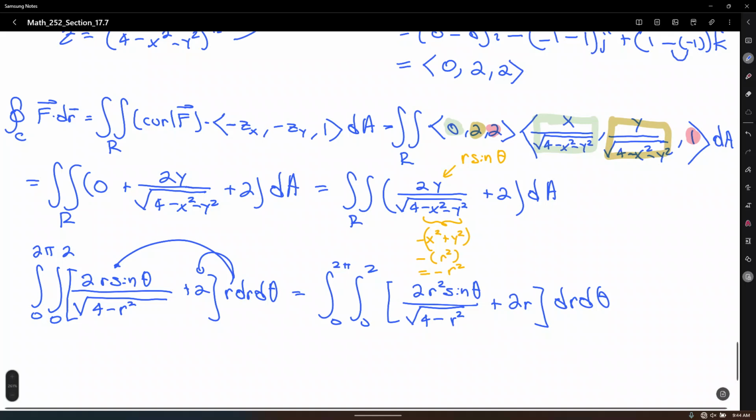So negative cosine of the upper limit. What's cosine of 2 pi? 1, minus cosine of 0. Same. Do you see how that integral is going to get zeroed out? Killing the 2r squared over the radical, and that's how you're going to bypass the trigonometric substitution. That's how you're going to kill that huge factor.